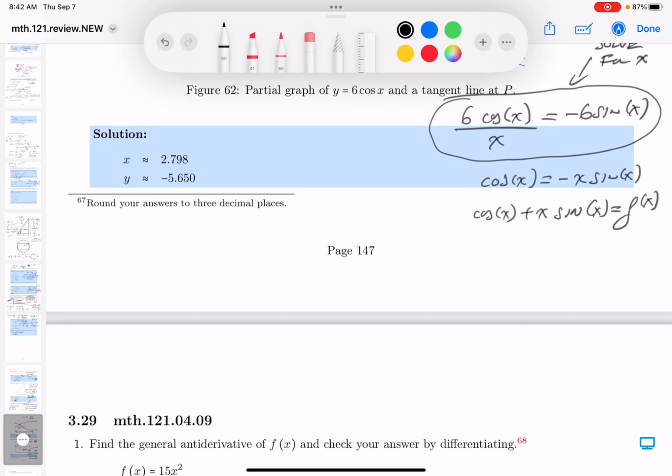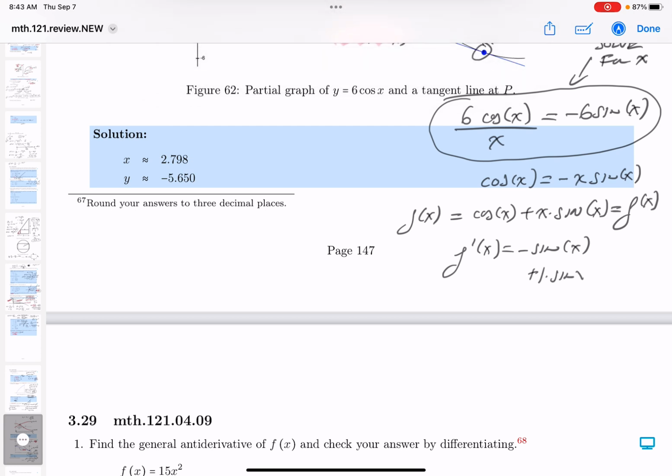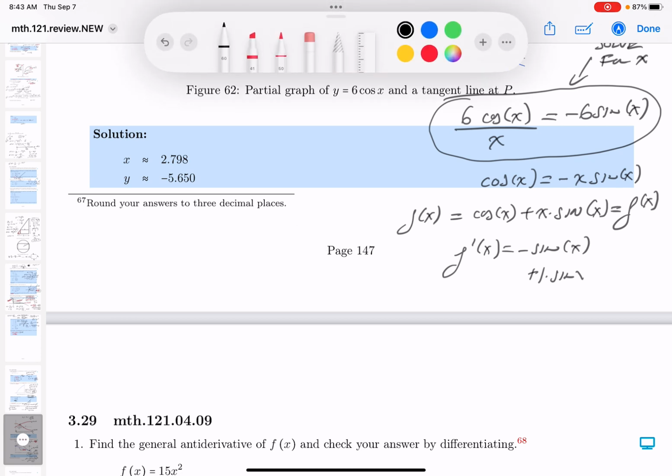Let's write down the derivative, which is going to be f prime. Let me write f of x on this side, by the way. It is going to be minus sine of x. That was easy. What goes next? The derivative of that product. So it's going to be the derivative of x, which is 1, times sine x, and then plus x times the derivative of sine, which is cosine x.